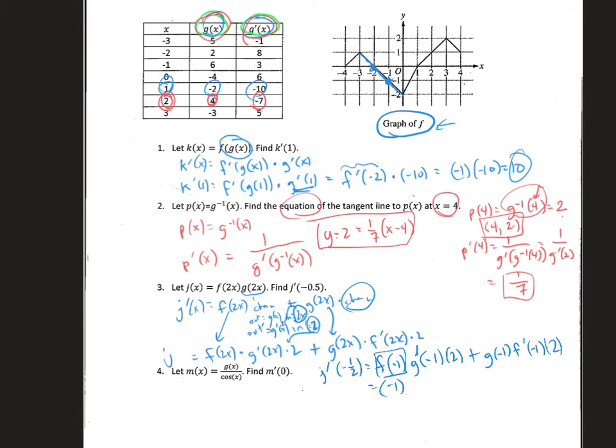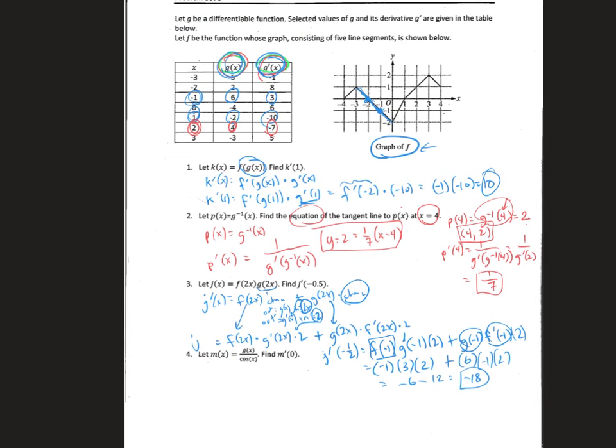So that clearly is negative 1. g prime of negative 1, go to the g prime column, negative 1 is 3, times 2, plus g of negative 1, so I go to g, negative 1, that's 6. f prime of negative 1, again, is the slope where x is negative 1, and the slope of that line right there is negative 1, times 2. And so this is negative 6 minus 12, so negative 18.